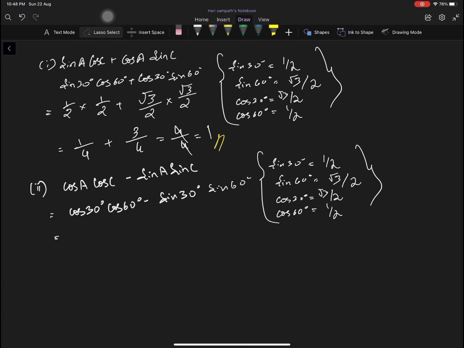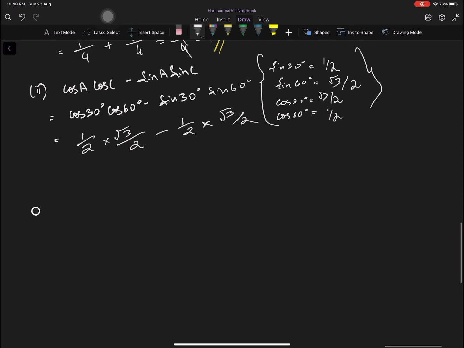Cos 30 will be root 3 by 2 and the other one will be 1 by 2. Root 3 by 2 into 1 by 2. Oh guys, wait, it's too thick. Let me erase it off. Root 3 by 2 into 1 by 2 minus 1 by 2 into root 3 by 2. We can directly cancel them because they are the same numbers that are giving us the product. The final answer will be 0.